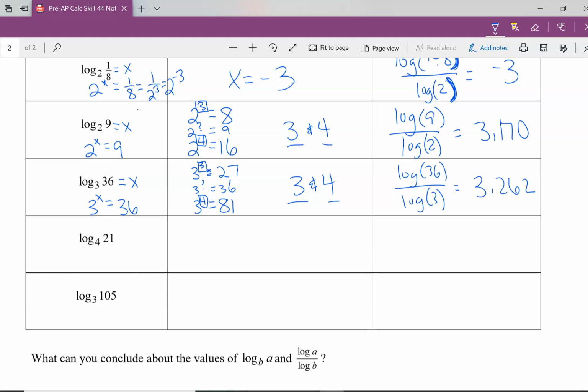Next one, again, 4 to what exponent gives me 21? Well, 4 squared is 16. 4 cubed is 64. So something between 2 and 3, which are these exponents, is going to give me this one. So log 21 divided by log 4.